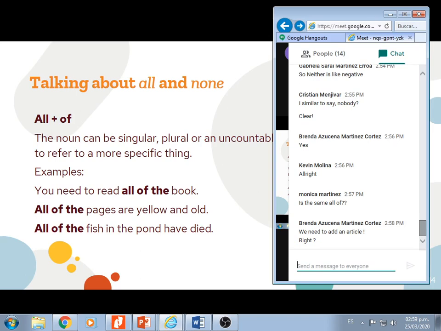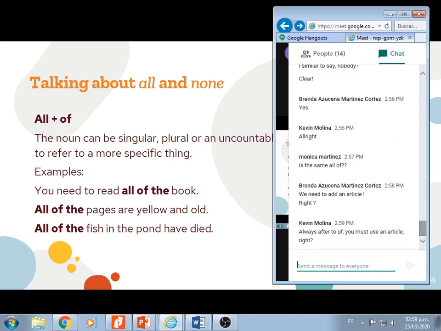All of the pages are yellow. All of the pages of this book. In this case, we're going to make the emphasis, and we need to have an article. In some cases, in the case of all, you can use all the books.